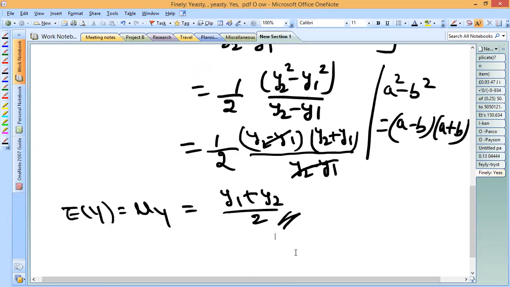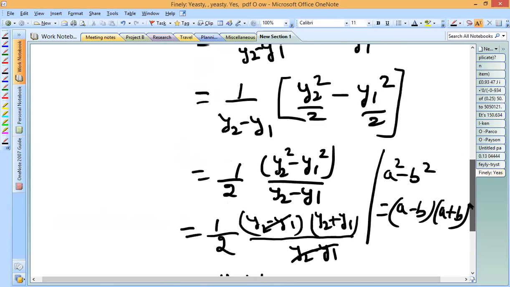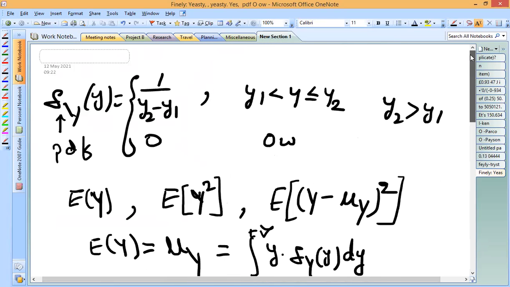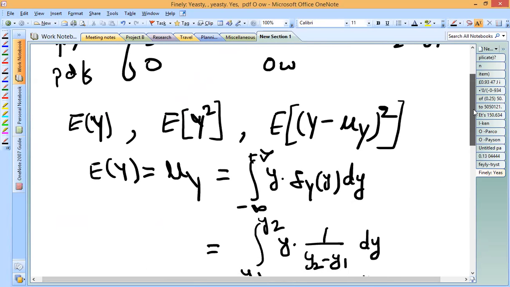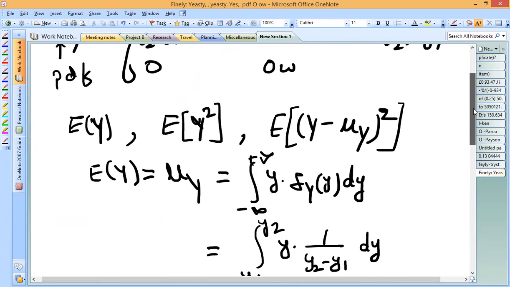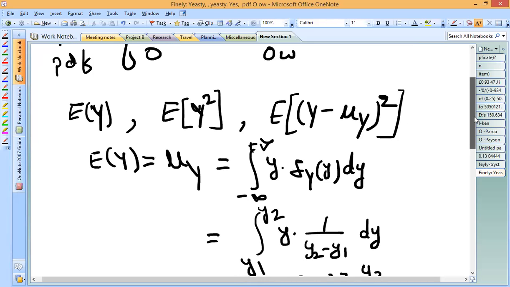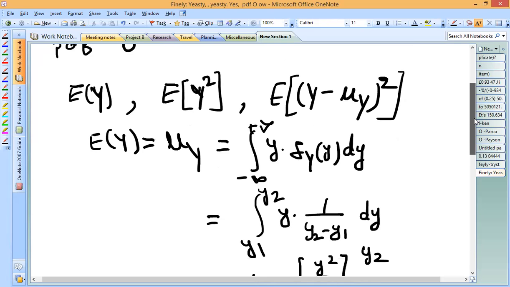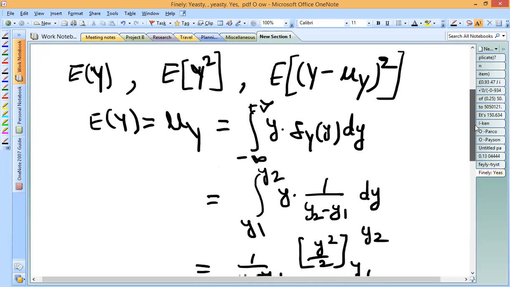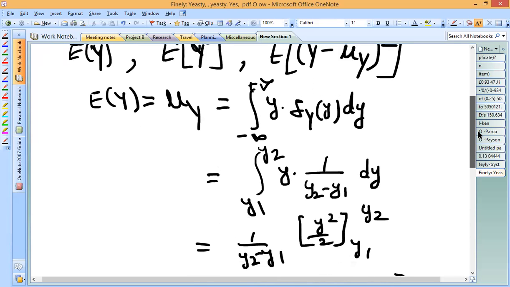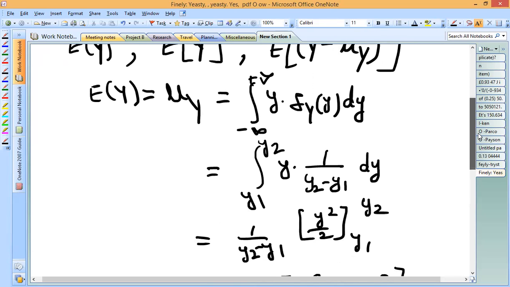In the next part, you can go through these steps. I'll show it once again, I'll not explain, you just observe what is being done. This is the PDF given. We are asked to calculate the expectation of the square of the random variable about the origin and the square of the random variable about the mean. First we calculate the expectation of the random variable y, which is nothing but the mean mu y.